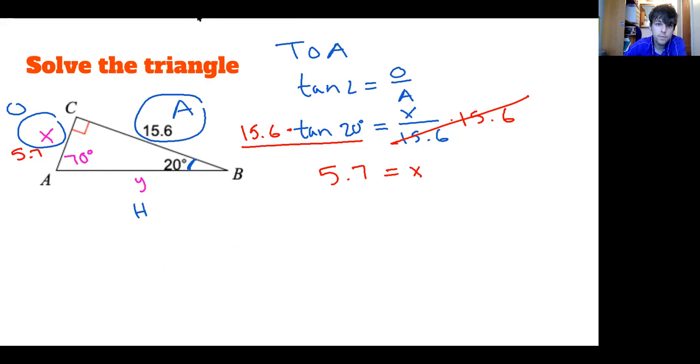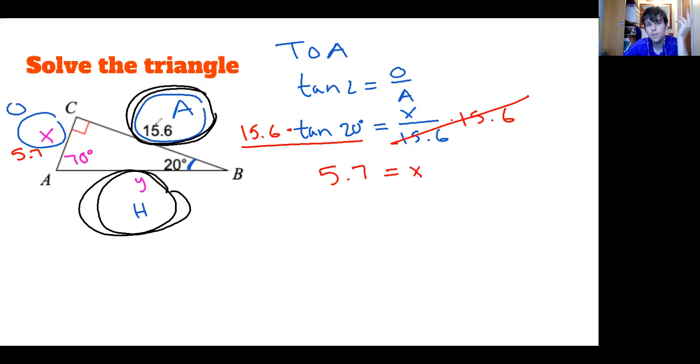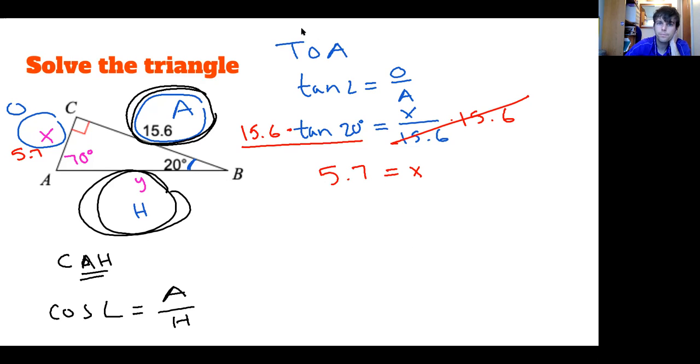So this time, I'm going to be solving for my hypotenuse. So I want to use something that involves hypotenuse. And I'm going to go ahead and go back and use the side that I was given. So I'm going to be using adjacent and hypotenuse this time. So I'm going to be writing a cosine equation, CAH, cosine equation for adjacent over hypotenuse. So that's cosine of the angle equals adjacent over hypotenuse.